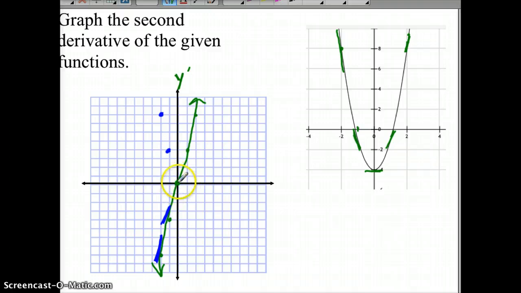At 0, less steep, maybe like 1. And then at 1, it's getting steeper again, and at 2, it's steeper again. So the blue line is the second derivative. These are approximate. I just want the kind of shape. So we're going from this shape to kind of an S curve and then back to this shape.